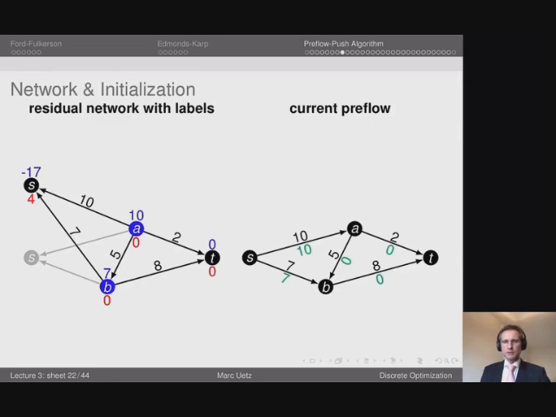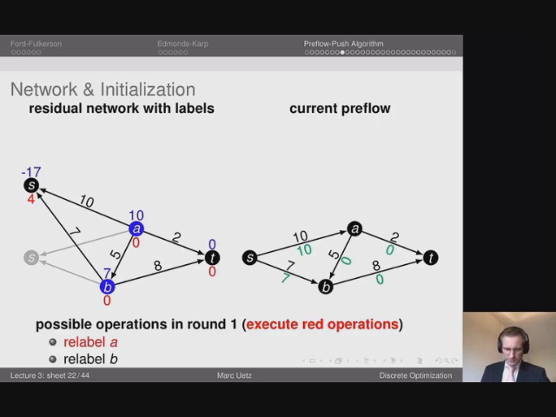And if that's not possible, we would actually have to hang one of these two nodes higher. So in the very first round, there is, as you can see, no eligible edge going out of A and B, right? There is no downward sloping edge out of A or B. So therefore, the possible operations in the first round would be either to relabel A or to relabel B.